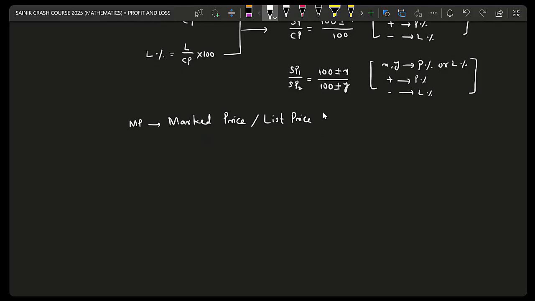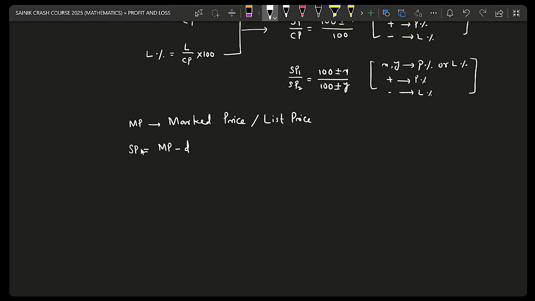Now to attract customers, they allow some discount. From the market price, the discount is subtracted, and only the remaining amount needs to be paid by the customer. This attracts customers, because the article is available for a lesser value, so I go and purchase it.